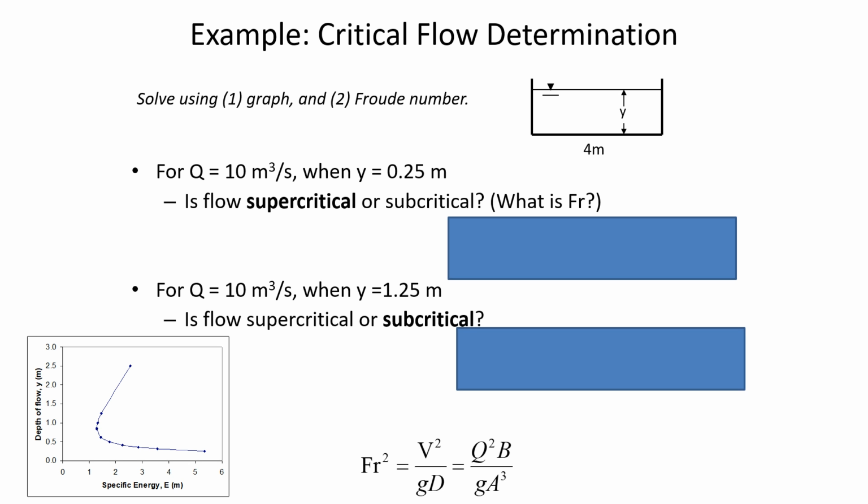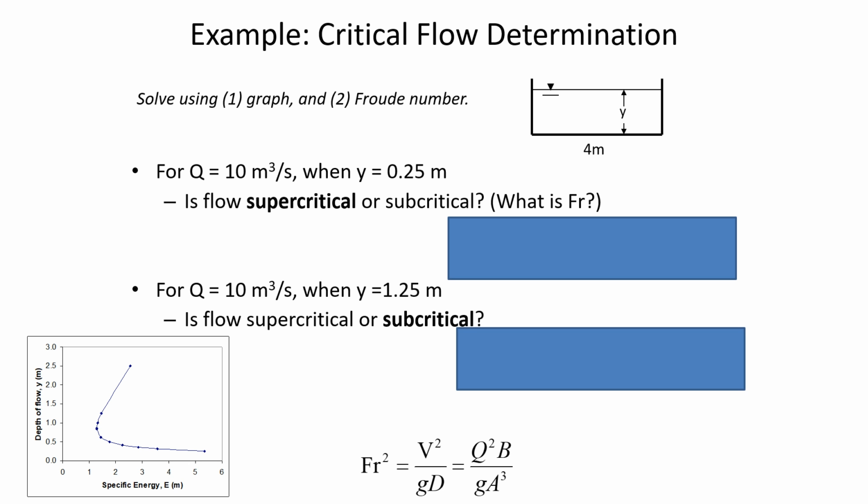And then the cross-sectional area, if the flow depth is 0.25 meters, and the width of it is 4 meters, and so the area is 1 square meter, 1 meter squared, and we cube it. Okay, what's the Froude number? Anybody get 6.39? Okay, so when the Froude number is greater than 1, it's supercritical.